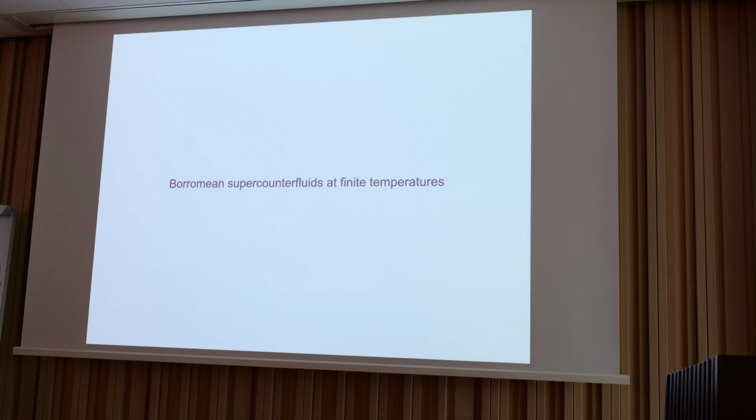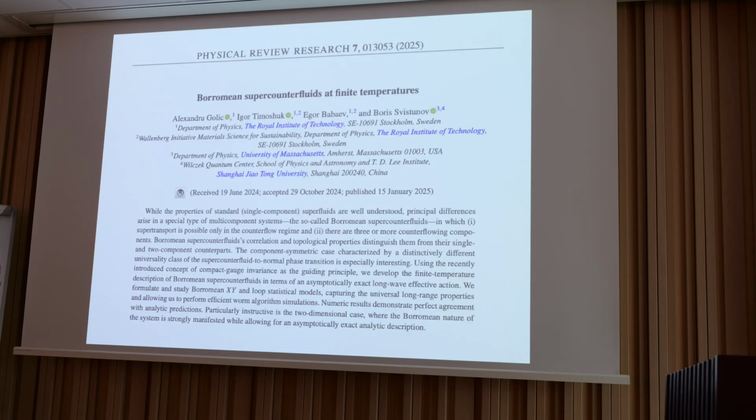So let me spend, I guess I have 10 minutes to introduce you to our recent work with Yegor and Yegor's students, Alex and Igor, who are present here. So actually the very same language of compact gauge invariance allows us to construct the models for the Borromean supercounterfluids at finite temperature.